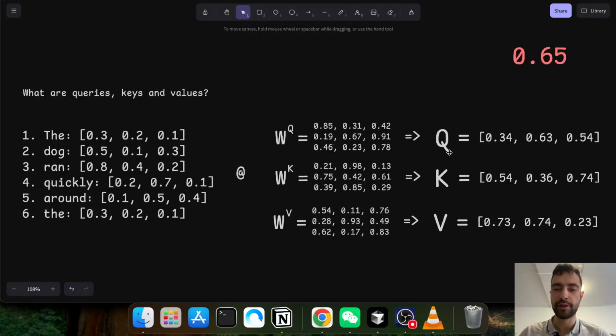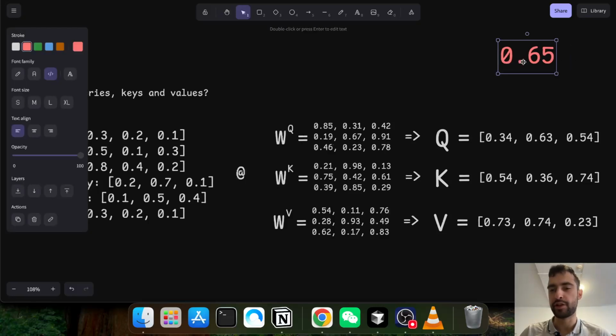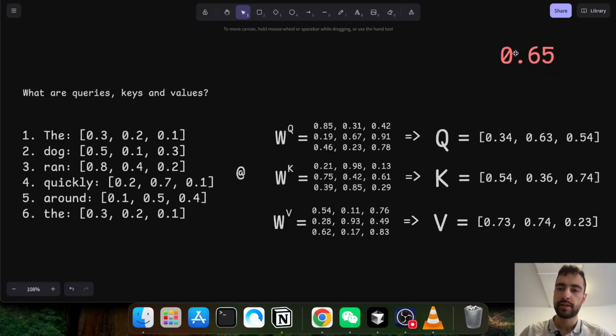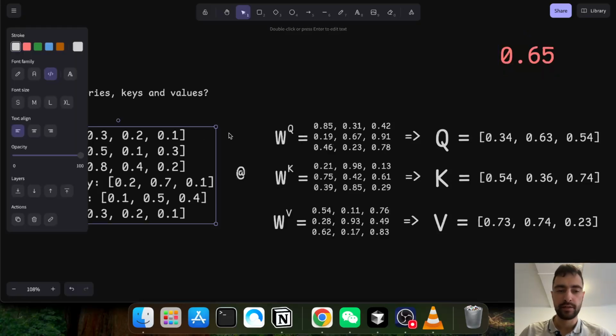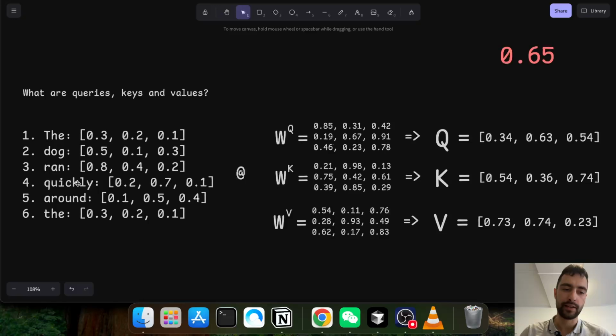Let's say we calculate the dot product between query of "quickly" and key of "ran", and we got some number. This is a pretty high number, 0.65. This means that "ran" is very relevant to "quickly", and it should take a lot of context from this token "ran" into this vector embedding to change this vector embedding.